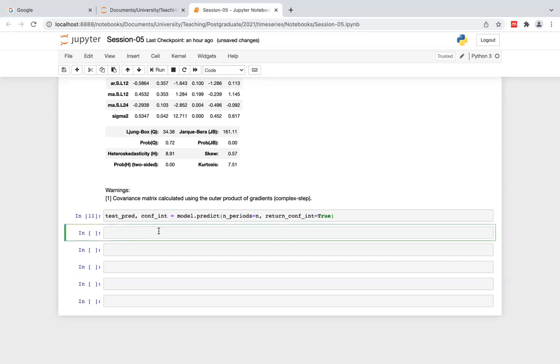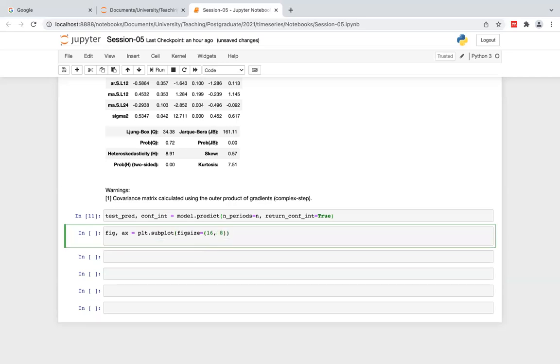I'm going to draw this into a graph, right? I get a figure and axis, with plt.subplots and figsize. I set it to 16 columns and 8 rows. Then I set the axis with the plots.